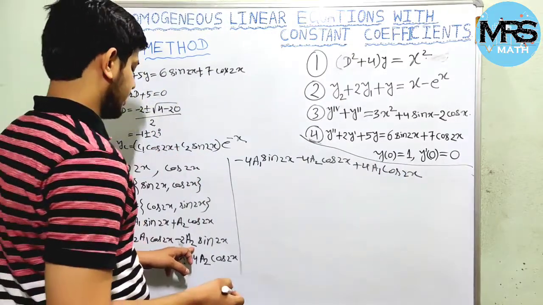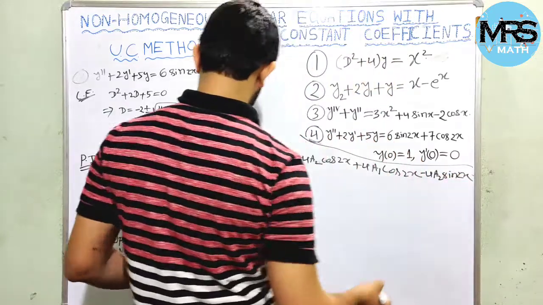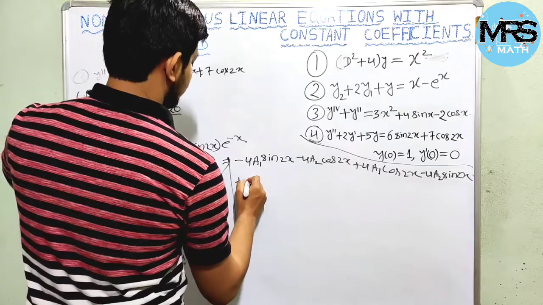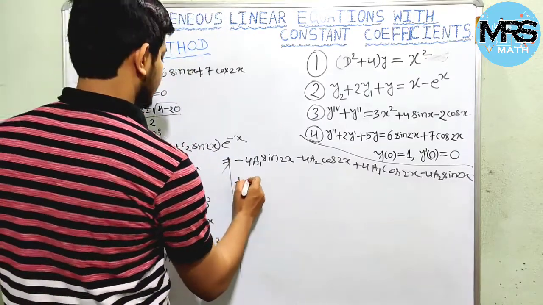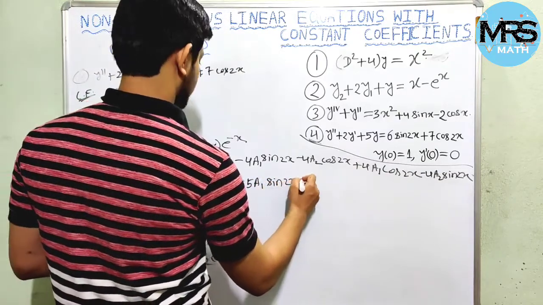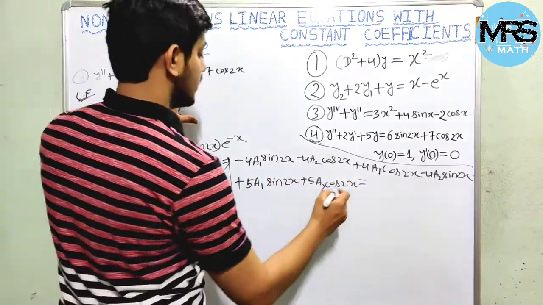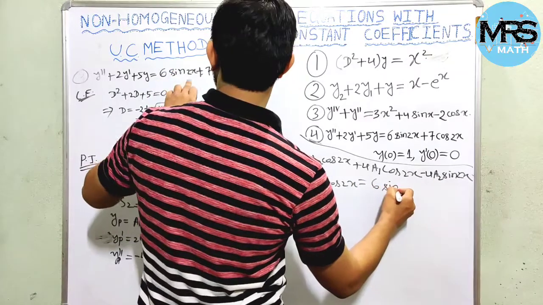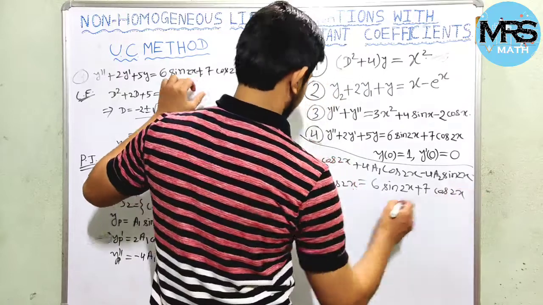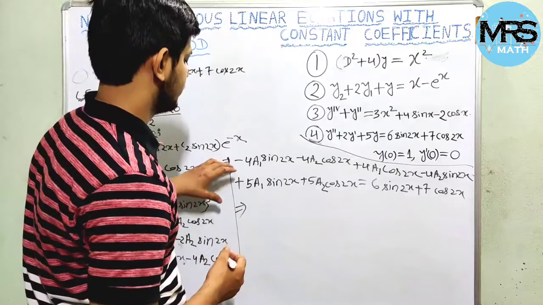Again minus 4a2 sin 2x, right? Okay, plus 5y is there, so plus 5a1 sin 2x plus 5a2 cos 2x, which is equal to 6 sin 2x plus 7 cos 2x. Okay, so both the sides we will now compare to find the values of these coefficients.